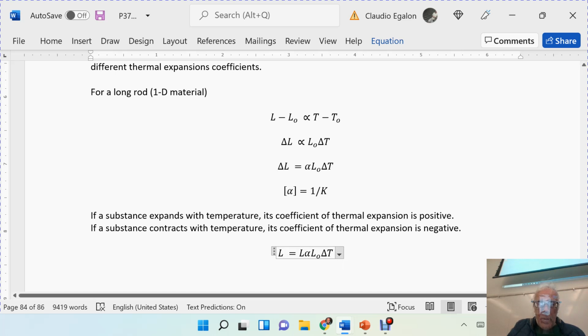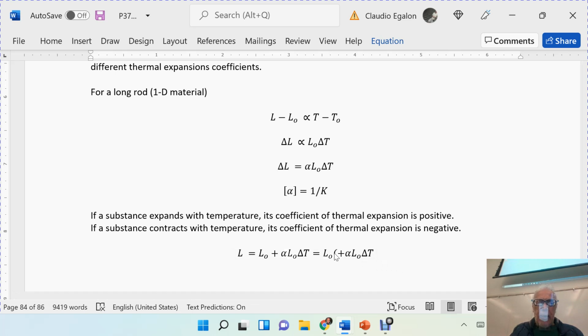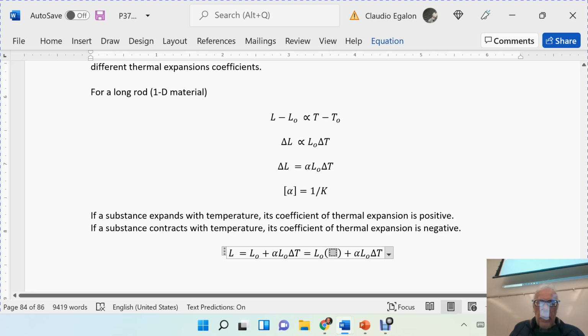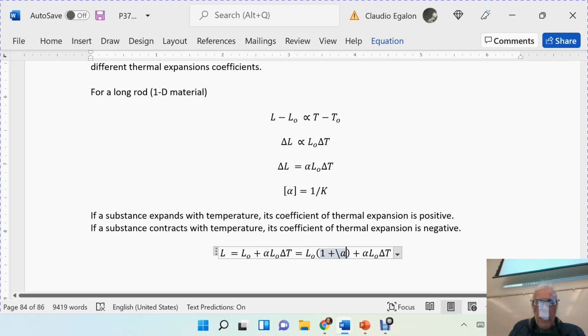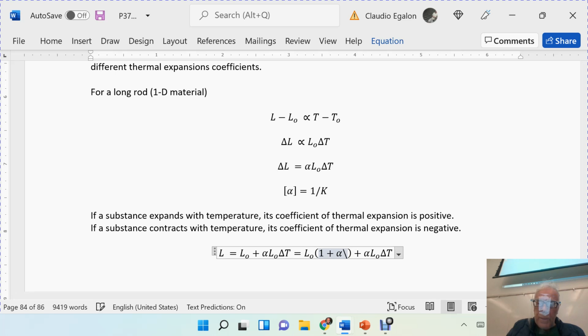This is going to be L naught, 1 plus alpha delta T. Think of that as a Taylor series expansion in temperature. That's how you have to think of that.